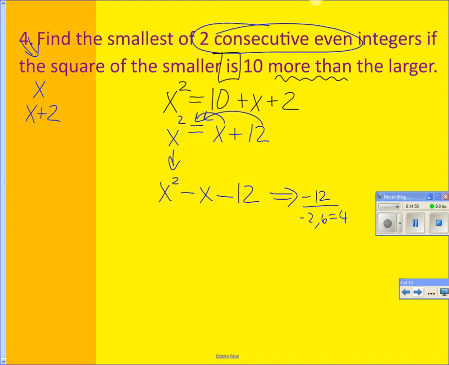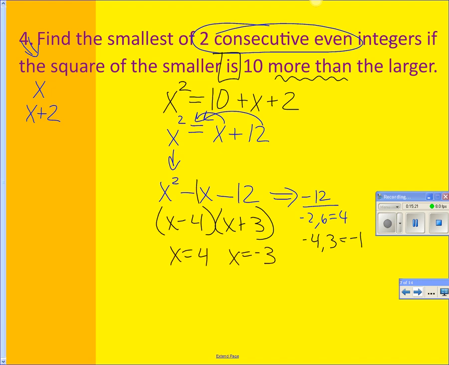What else gives me negative 12? And that will give me negative 1. All right, so x minus 4, x plus 3, and I set them equal to 0, so x is 4, x is negative 3.